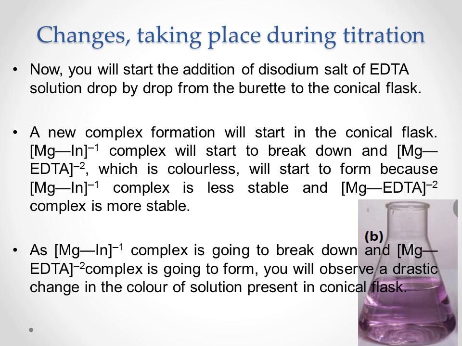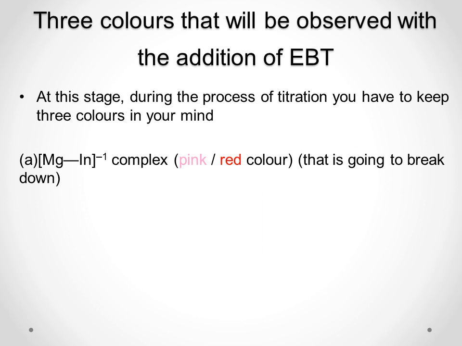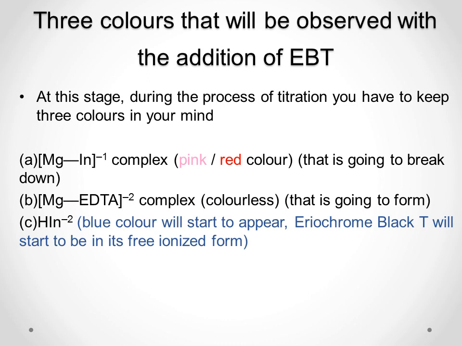Before approaching the endpoint, you will definitely observe the purple color in the conical flask. At this stage, you have to keep in mind that magnesium indicator pink red colored complex, magnesium EDTA is colorless, and free indicator is blue in color.